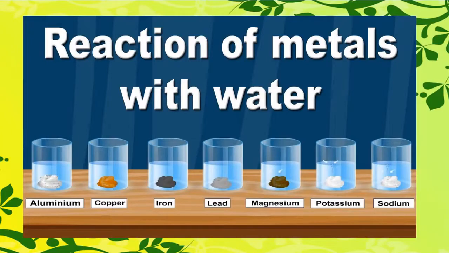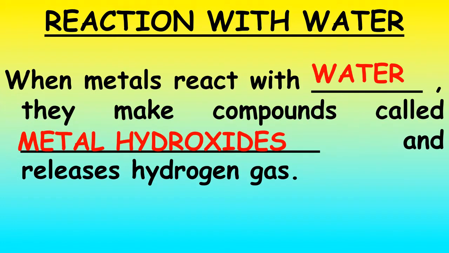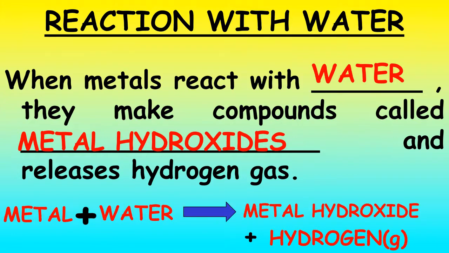Now we are going to talk about the reaction of metals with water. Let us see how metals react with water. Under normal conditions, metals react with water to produce metal hydroxides, and hydrogen gas is released.